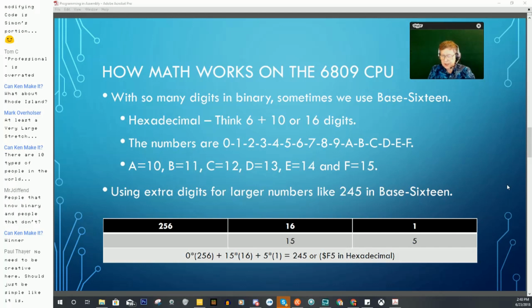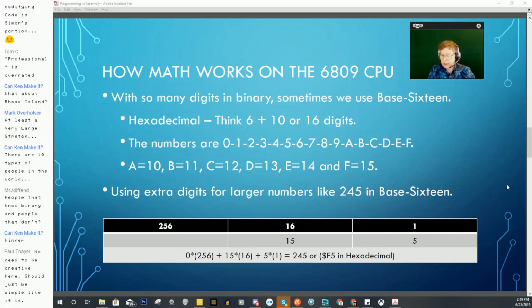And there's nothing in the 256 since 245 is less than 256. So that's a 0. But you've got 15 for the 16 digit, and then you've got 5 for the smaller digit.